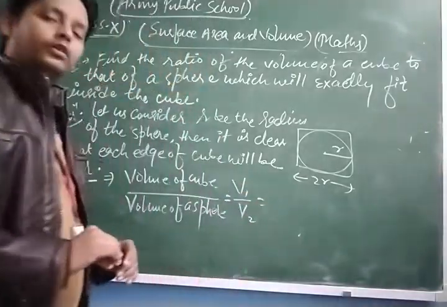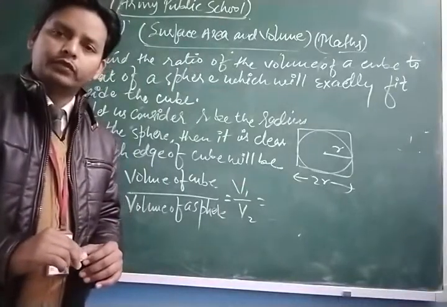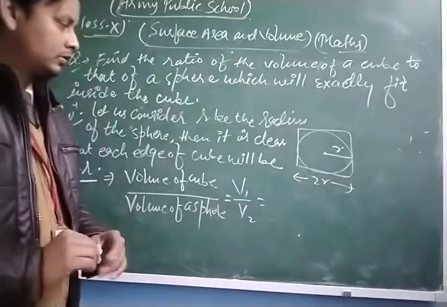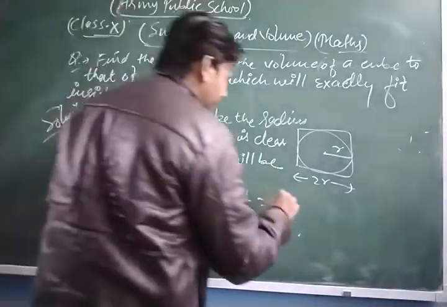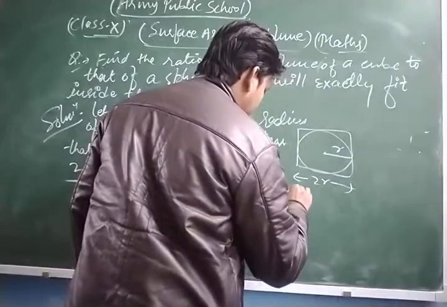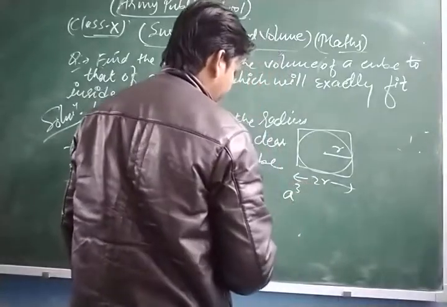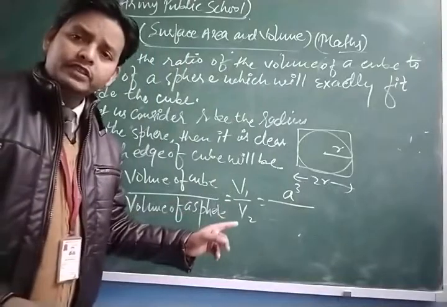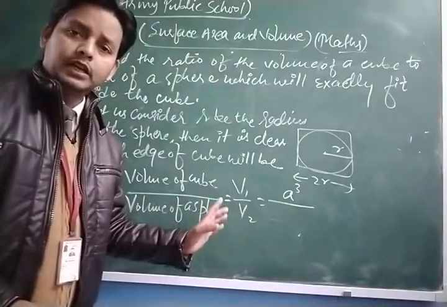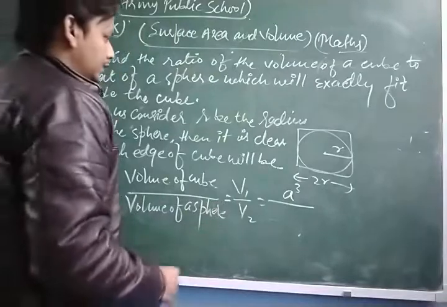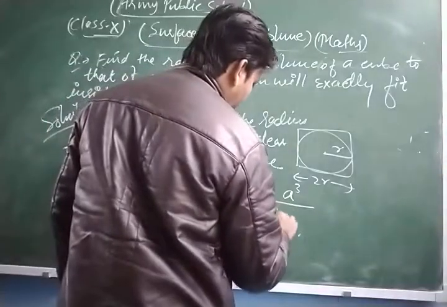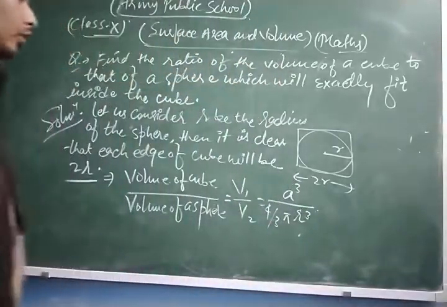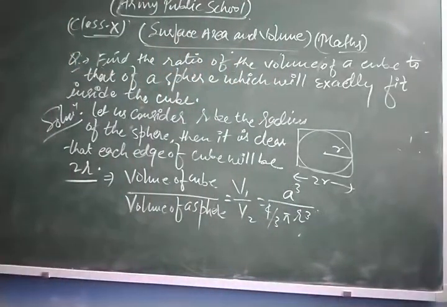What is the formula for the volume of a cube? We know that the volume of a cube is side cube. So let A be the side of the cube, that is side cube upon the volume of a sphere, which is 4 by 3 pi r cube. So here we write 4 by 3 pi r cube.